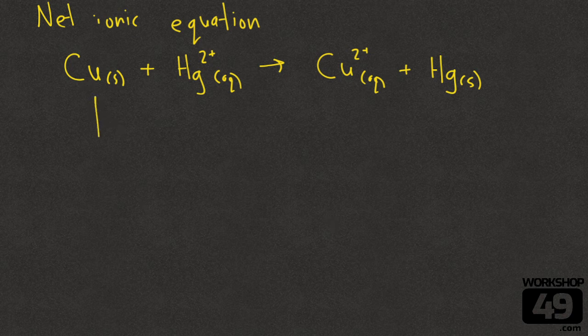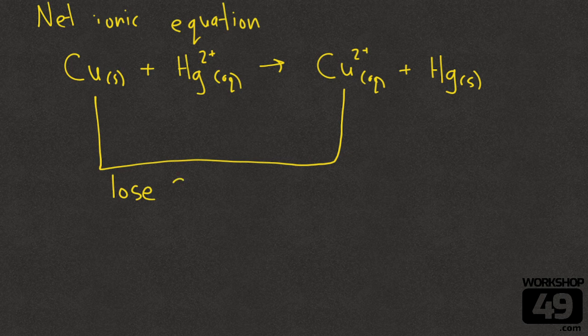Our copper went from being copper 0 to copper 2 plus. Because it gained a positive charge, you can't gain protons, so the only way to gain a positive charge is if you lose 2 electrons.